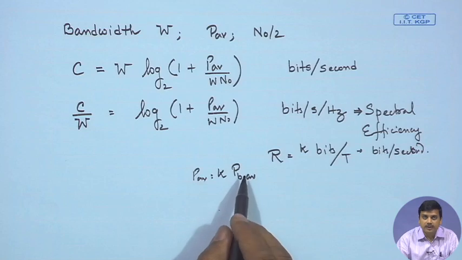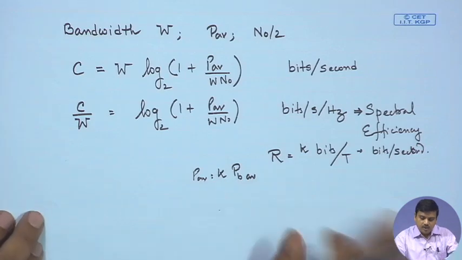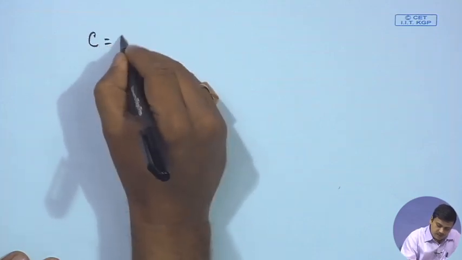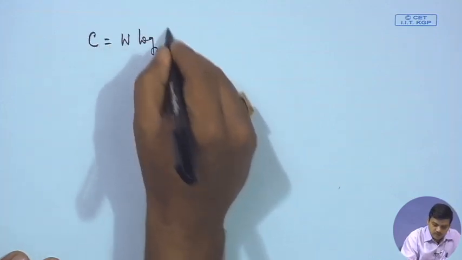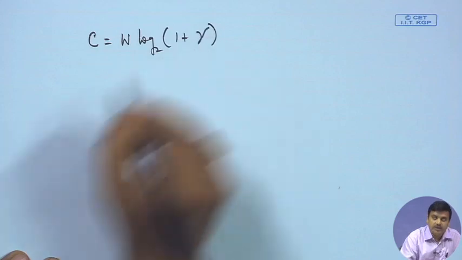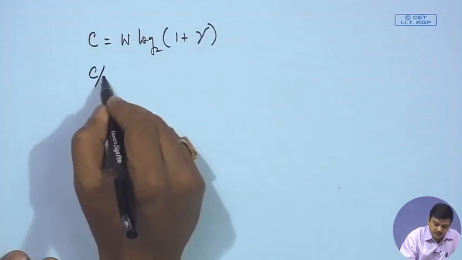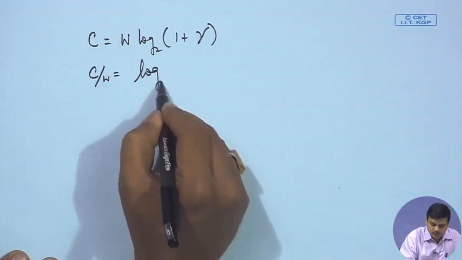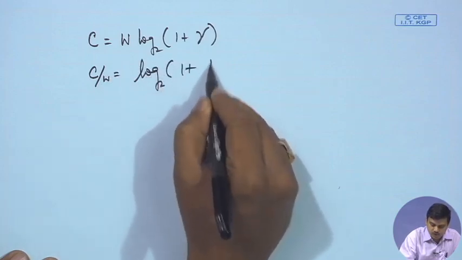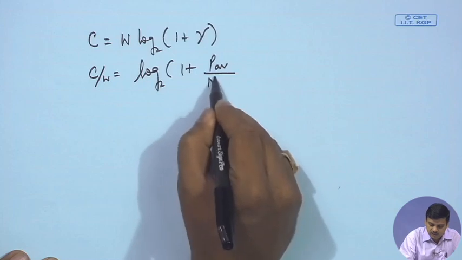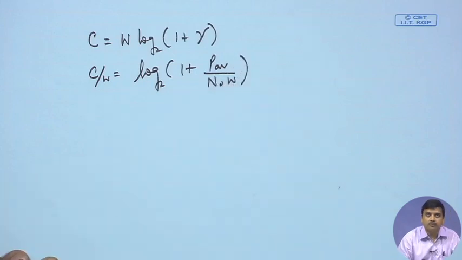So, you could relate it in this form. We will primarily look at the expression C equals W log base 2 of 1 plus gamma as the ratio, and C upon W is equal to log base 2 of 1 plus PAV by N naught W.